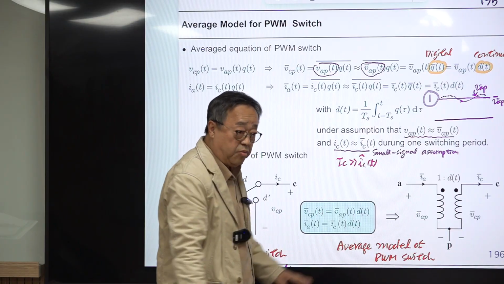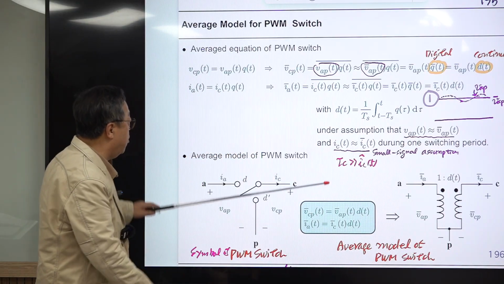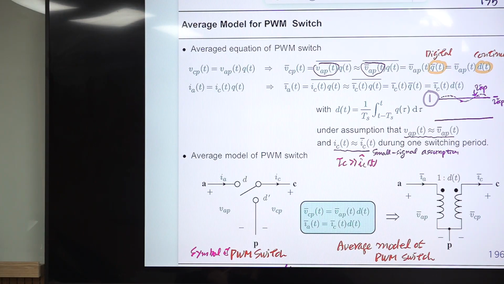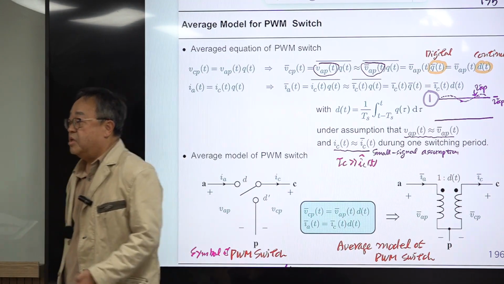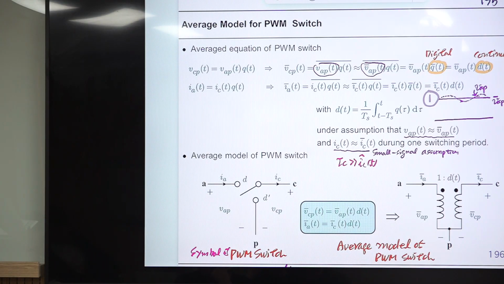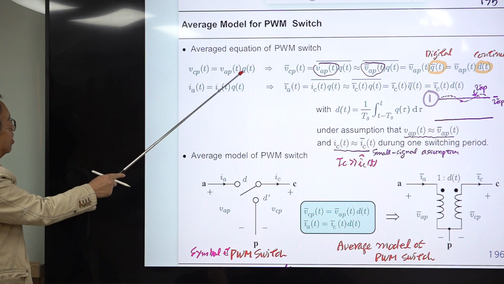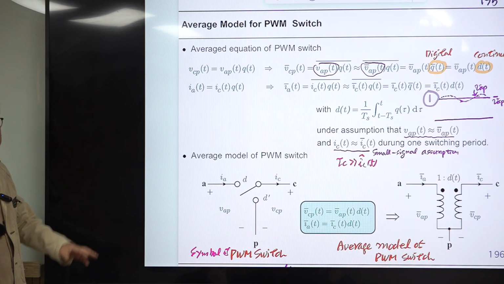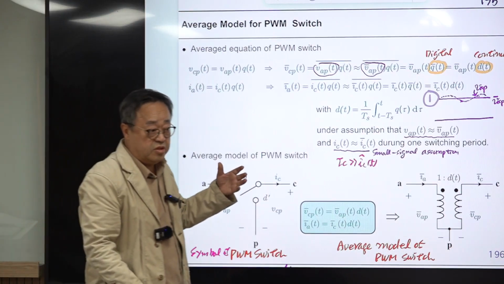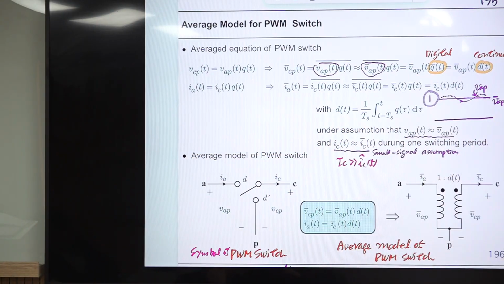So this is a 3-terminal nonlinear switching device. It is called the PWM switch. It's the same as the SPDT switch, but it has a different meaning, and it has this mathematical description using the switching function and this continuous duty ratio. So this is an equation, this is not an equation, just some explanation. And you put bar everywhere, and you replace q(t) with d(t), then that becomes the circuit equation of the continuous waveform relations of the PWM switch.